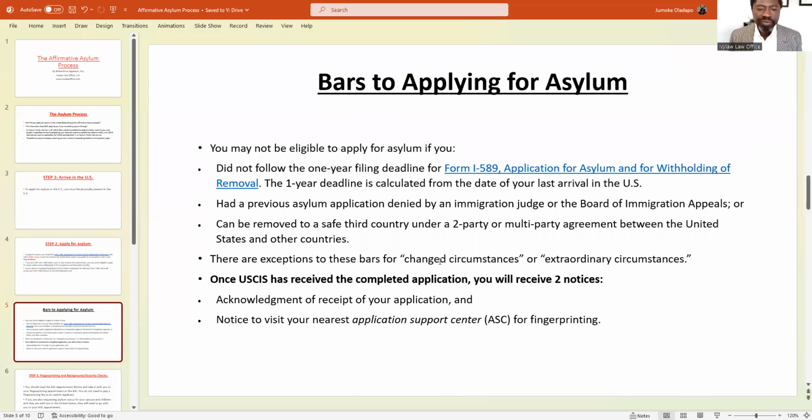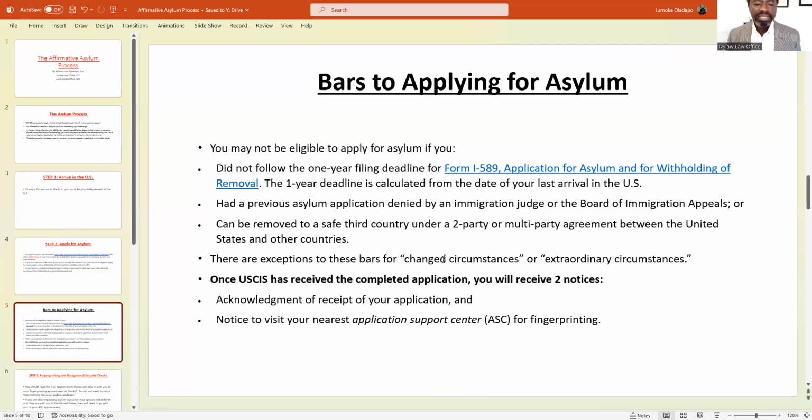Also, if you had a previous asylum application denied by an immigration judge or the Board of Immigration Appeals, or can be removed to a safe third country under a two-party or multi-party agreement between the United States and other countries. There are exceptions to these bars for changed circumstances or extraordinary circumstances. Now, that is on a case-by-case basis. So if you feel you meet those extraordinary circumstances or changed circumstances, you might want to speak to a lawyer.